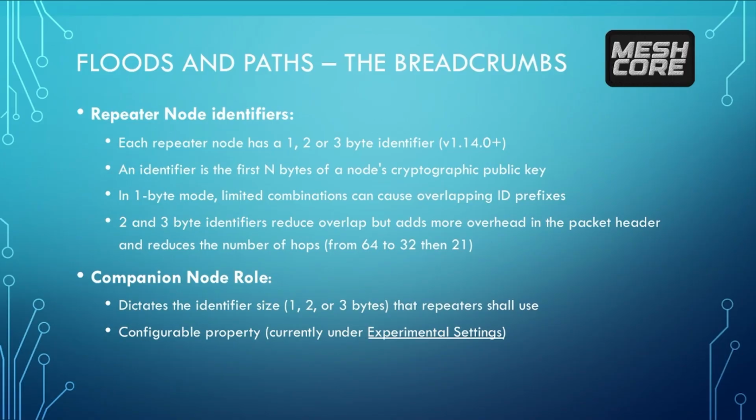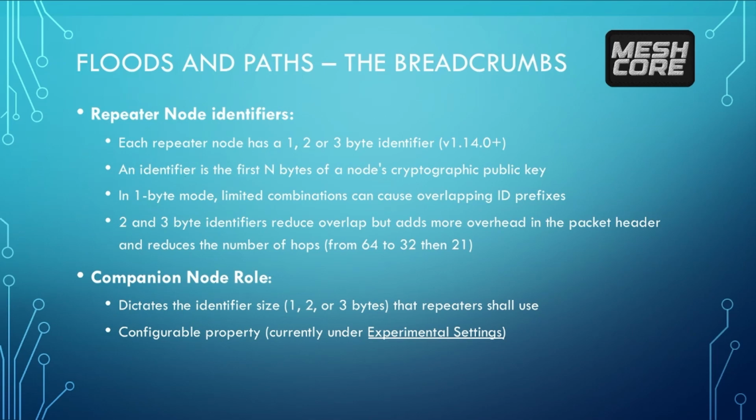How many bytes of ID information is each repeater supposed to put in? And back when they first came out with Meshcore, it was a 1 byte identification. So that would have been like my public key is like Alpha Charlie XY. That would have been my repeater's ID. You add another byte, and that doubles in size. You add another byte, and it triples in size.